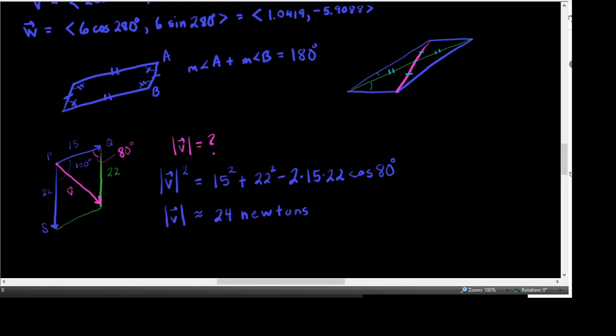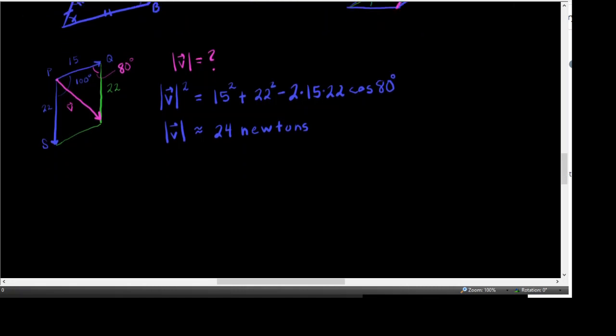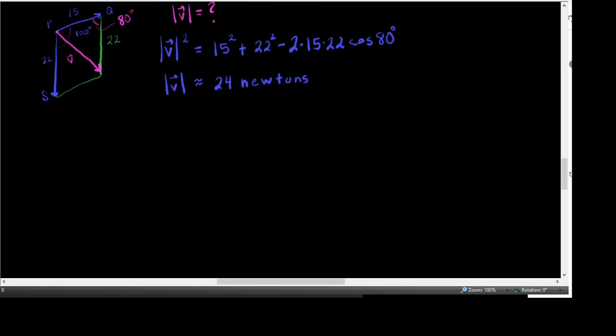All right, on the next page, there are some vector operations, some things that you should learn how to do. They're very easy. I'm going to copy them down here. If you have component forms for your vectors, the addition of them is really simple to do.